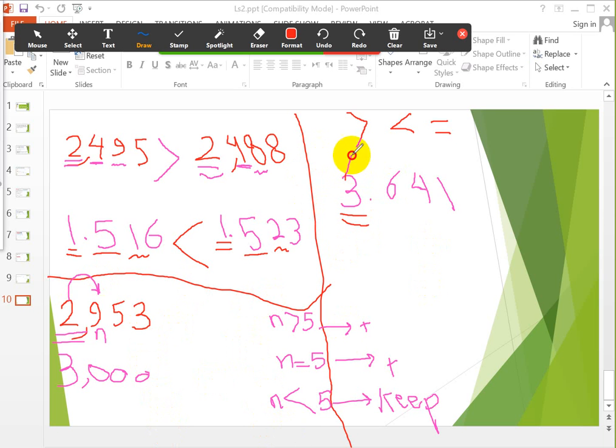So I will look at the digit before the ones, which is here the tens. So if the tens is greater than 5, I have to add 1 to the ones. So look, the tens is 6 and it's greater than 5.